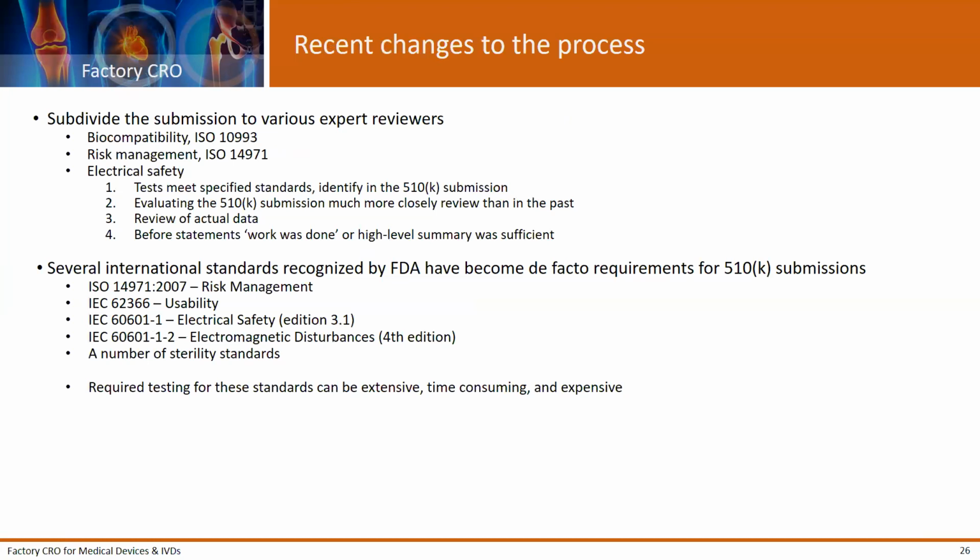So the risk management ISO standard 14971 and the 60601 electrical safety documents are de facto requirements, like a number of sterility standards. Required testing for these standards can be extensive, time-consuming, and expensive.